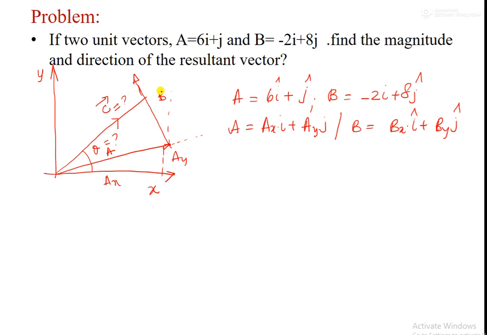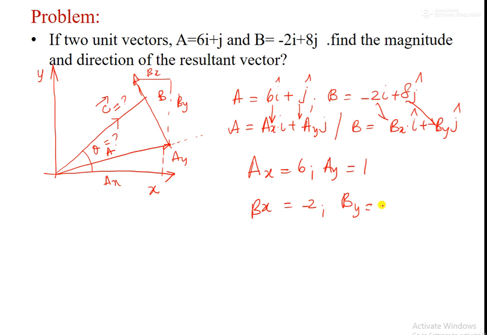Similarly for vector B, this is BX and this is BY. In the diagram I am not able to draw it properly, so it meets here. So we can write AX is equal to 6 and AY is equal to 1. Similarly BX is equal to minus 2 and BY is equal to plus 8.